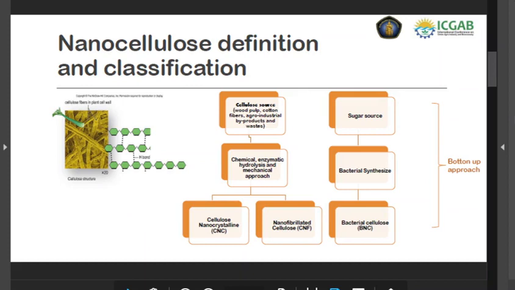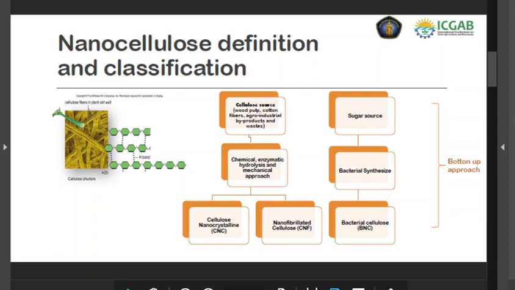Nanocellulose definition and classification. To obtain the nanocellulose crystal or fiber from cellulose chain, we can adopt chemical and mechanical techniques or use microorganisms. Acid hydrolysis and enzymatic hydrolysis are chemical techniques which are often used to obtain cellulose nanocrystal.